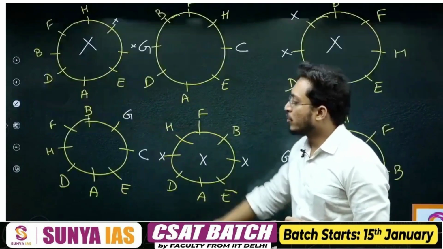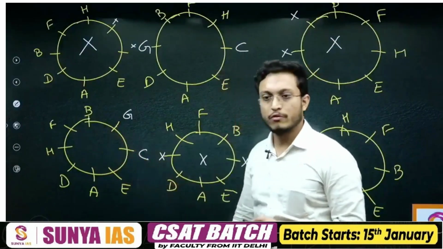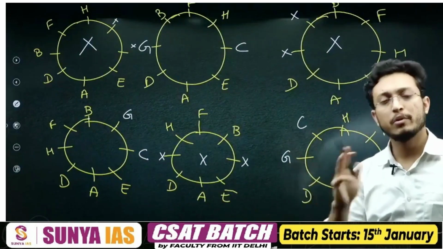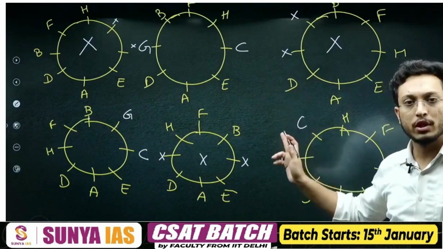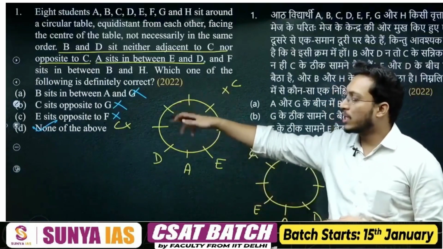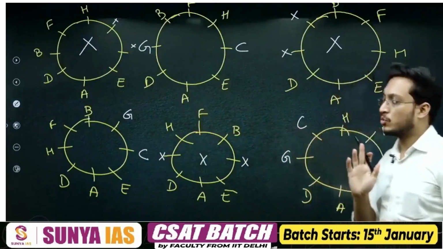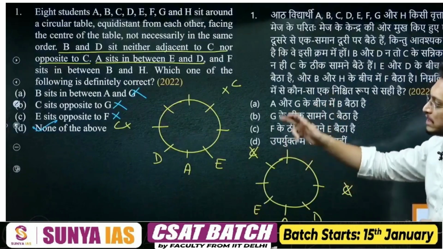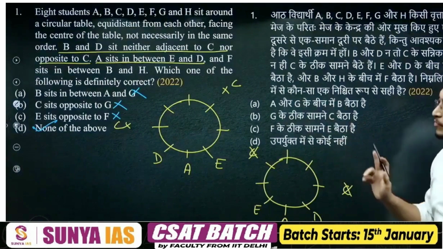E sits opposite to F. If you are making only this possibility, you will end up marking E sits opposite to F. इसीलिए इस टाइप के क्वेश्चंस में you'll have to go on making multiple possibilities, because एक possibility से एक आंसर सही आ जाएगा, दूसरी से दोनों आ जाएंगे. Final answer is that which satisfies all the conditions in all the possibilities. वही final answer होगा. So here the answer is none of the above, because none of these conclusions are definitely correct in all the possibilities. So answer is none.